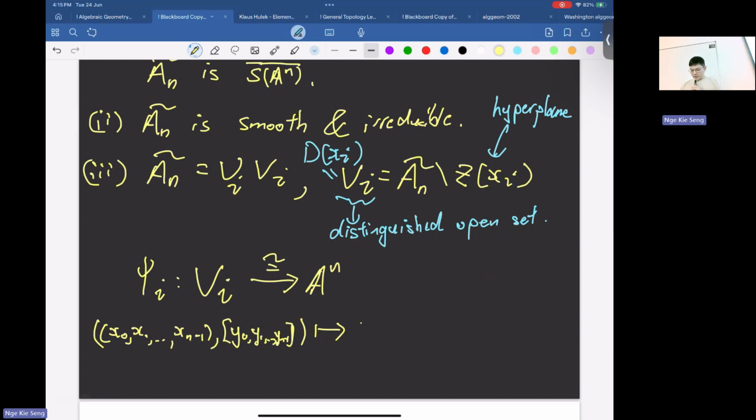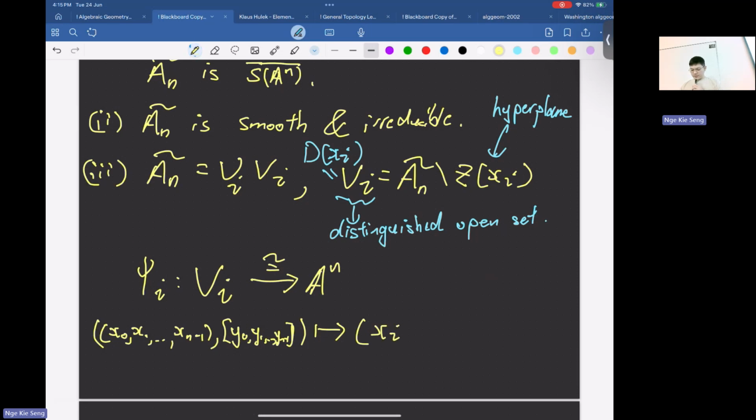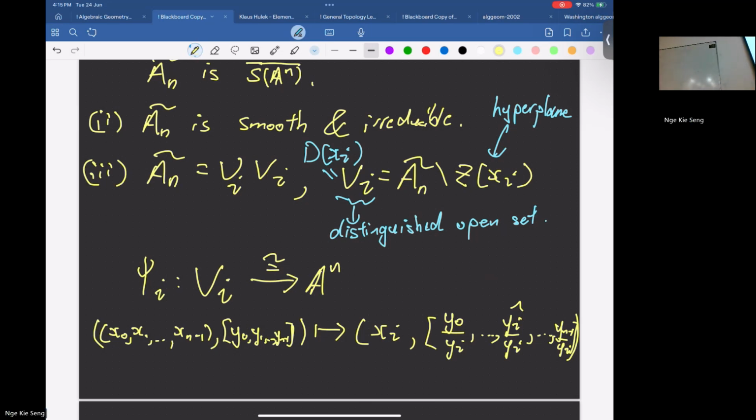You are just remembering the x_i coordinate, and then you divide all the y_j by y_i. Then you discard the y_i component. Check if you have the right dimension or not. So here we got n-1 plus 1, which is n.